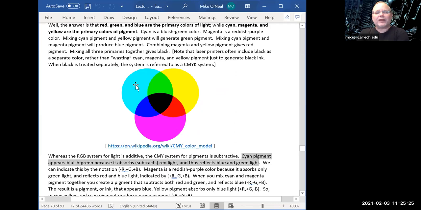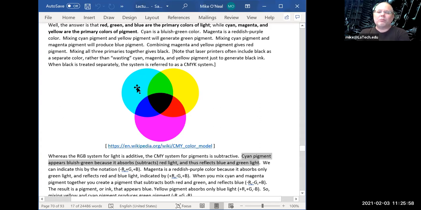So cyan subtracts off red, okay? Yellow pigment is a combination of red and green. It subtracts off blue, and magenta subtracts off green. So if you look here, in the middle, it's black.